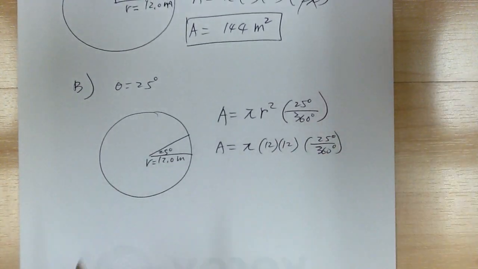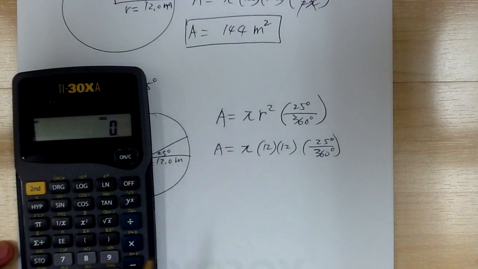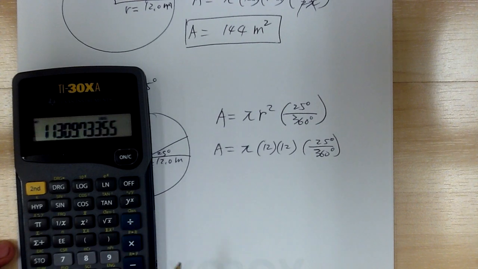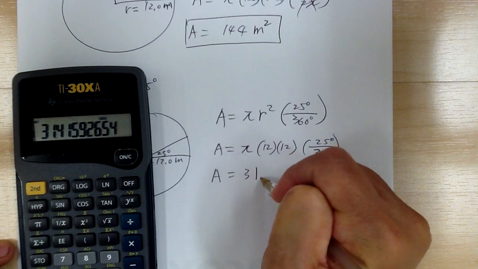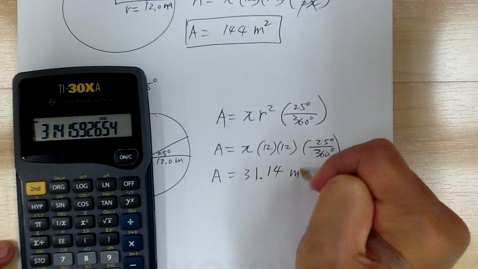Or if you're using a calculator, just punch in the numbers: pi times 144 times 25 divided by 360. So the area equals 31.14 meters squared.